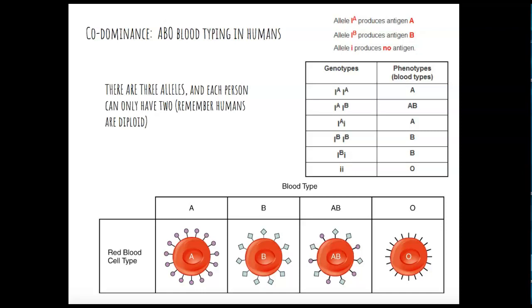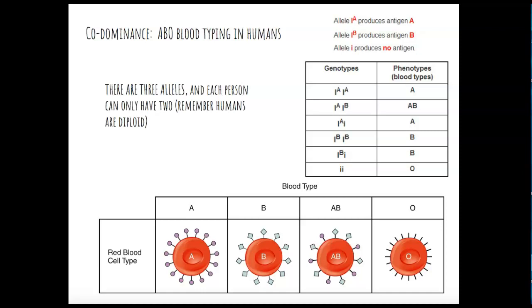And this again occurs because the little i allele is recessive to both the big A and big B allele. So A and B are codominant over little i. If you have little i, little i as your genotype, you will have type O blood, which is the recessive genotype.